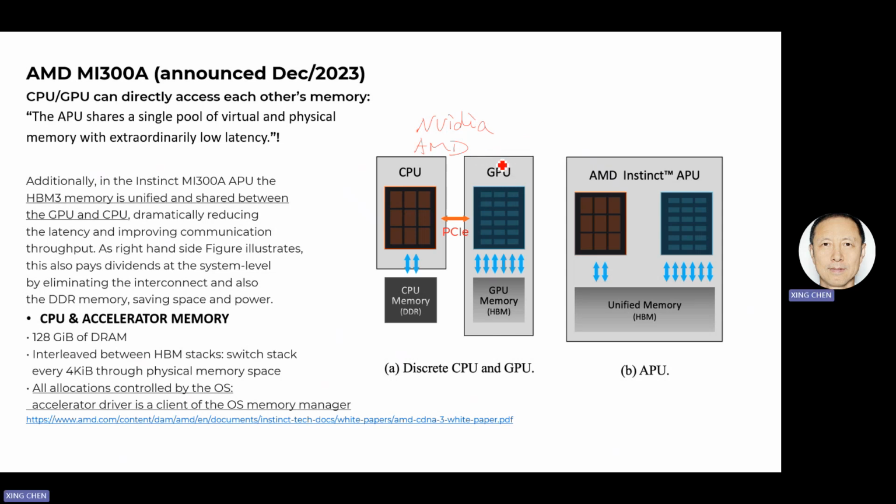when the Nvidia GPUs are connected, and also the AMD GPUs, now we take the example AMD MI250, and the Nvidia Hopper GPU. When the GPUs are connected to the CPU, mainly the x86 CPU, by using the PCIe, you have two kinds of memory: the GPU memory, which is pretty much HBM, and the CPU memory, which is DDR.